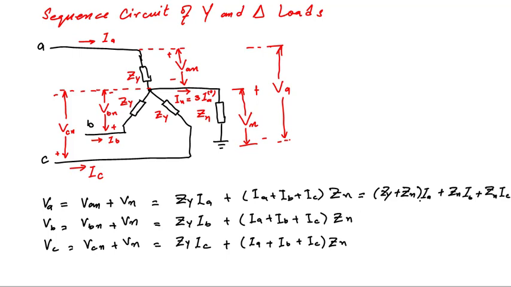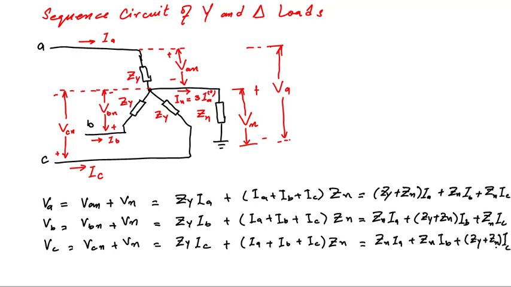By using the symmetry in the equations, we can write the equations for VB and VC in the same way. That will be, because now the current is in phase B, Zn IA plus Zy plus Zn into IB plus Zn into IC. Similarly, Zn IA plus Zn IB plus Zy plus Zn into IC.